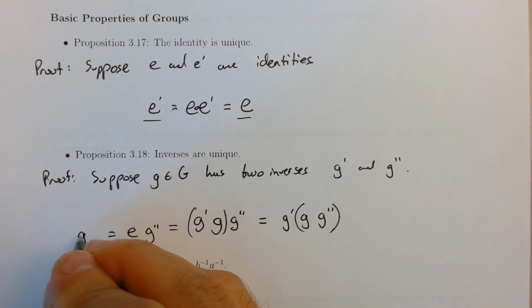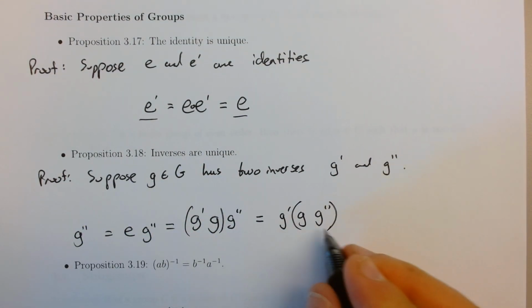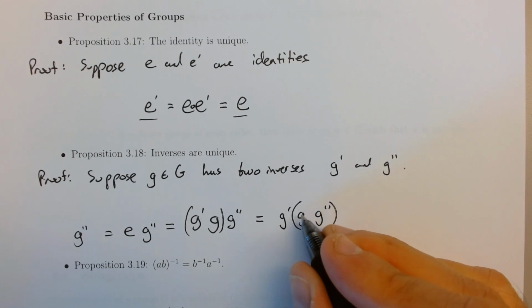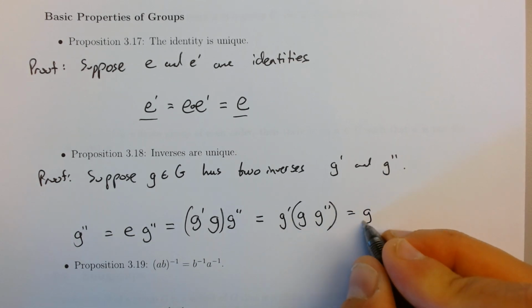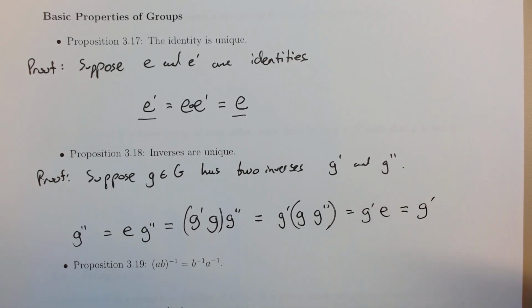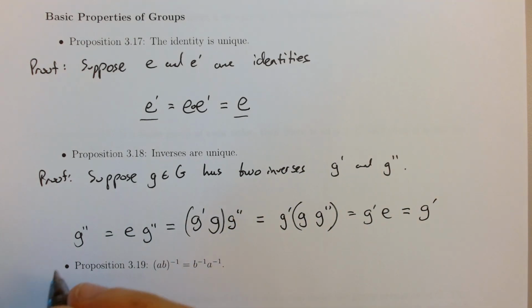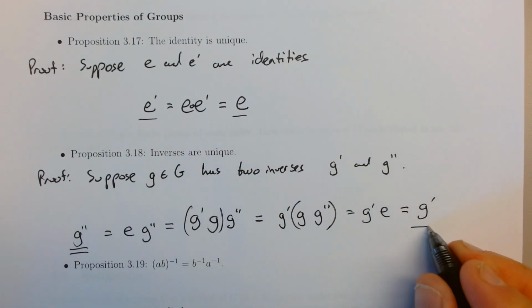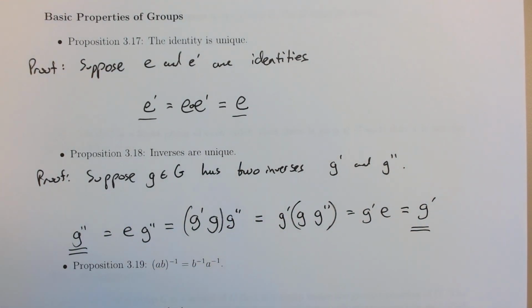So that, of course, is G double prime. If I go the other way, that's the identity again, because G double prime is also an inverse of G. G prime E, and that's just G prime. But once again, we have that these two are the same. So only one inverse.